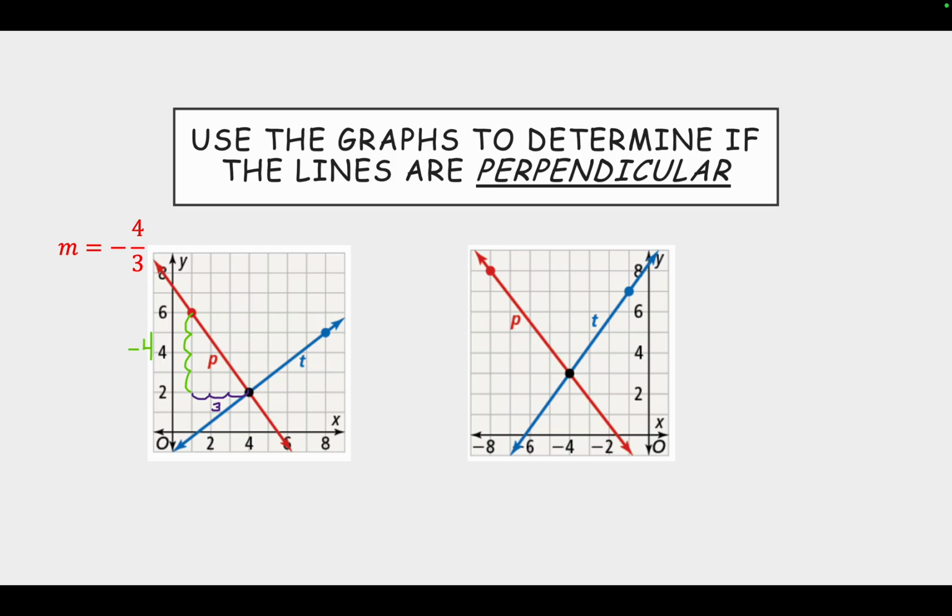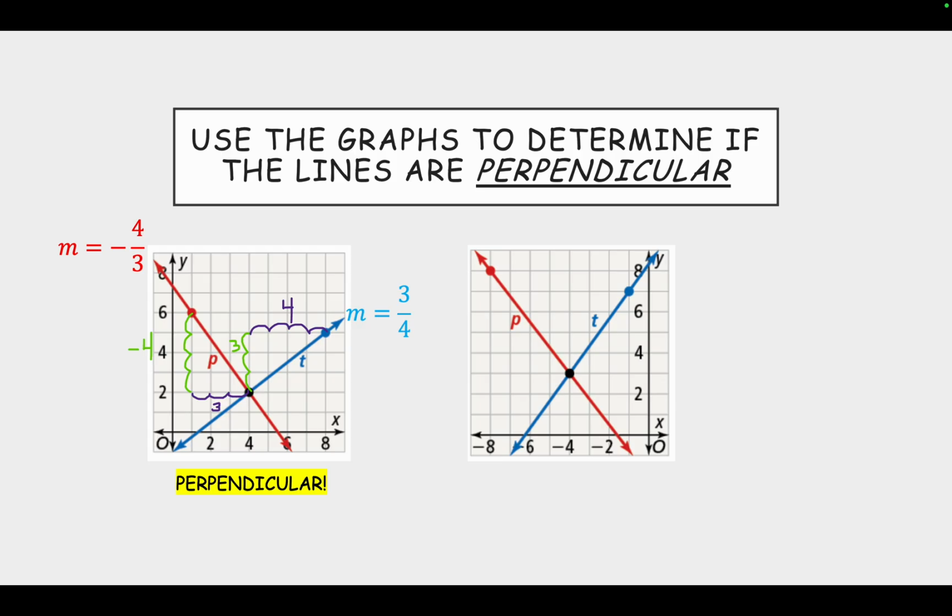Next, we can use the 2 points that are on the blue line. We go up 3 and over 4. We have a slope of 3 over 4. If you notice, that is the opposite reciprocal. The fraction has been flipped from 4 over 3 to 3 over 4. One is negative, the other is positive. These two lines in this case are perpendicular.